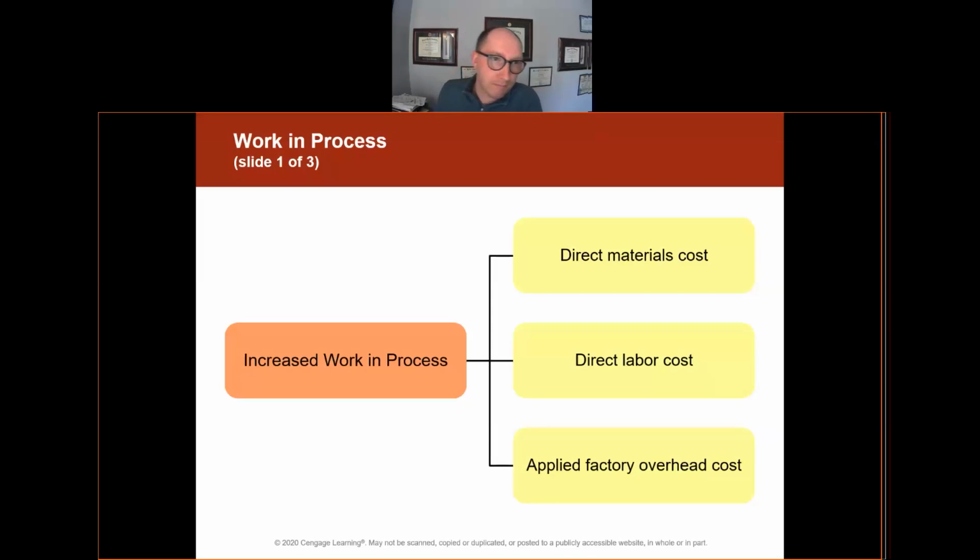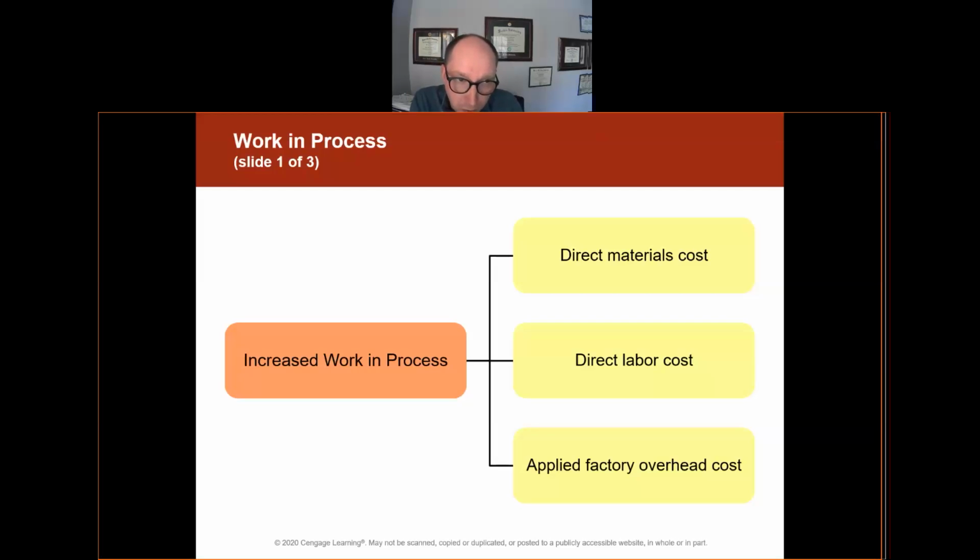Work in process. Work in process, as you know, is when we are physically manufacturing. We're cutting the wood, we're assembling the guitar. Increased work in process stems from direct materials, direct labor, and applied factory overhead.